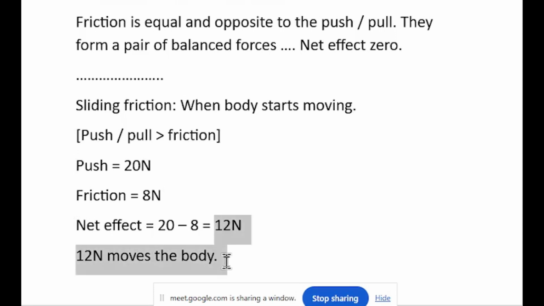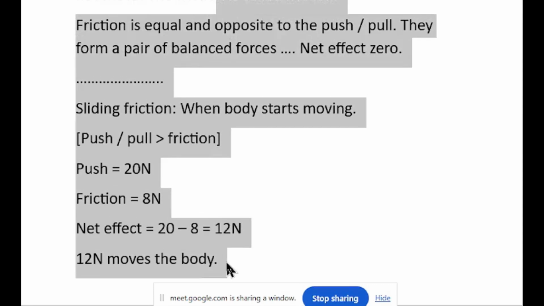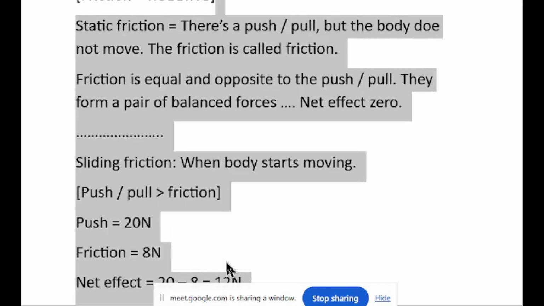Okay. So what did we get about static friction? What is the difference between static friction versus sliding friction? In static friction, the body does not move.